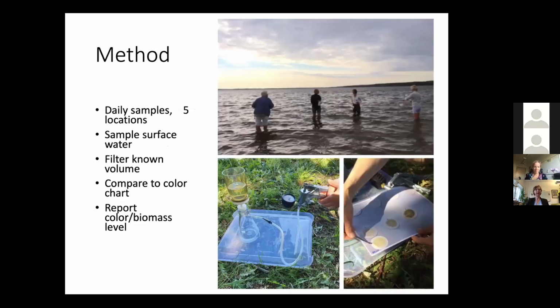And what they actually did then is that they sampled daily samples, 5 locations, at the lake. They sampled surface water, which was then filtered down onto a filter. They compared the filters against a color chart that we had prepared, and each color corresponded to biomass that we had calculated in the lab.